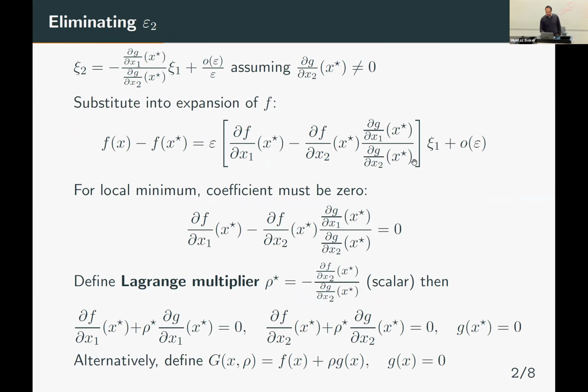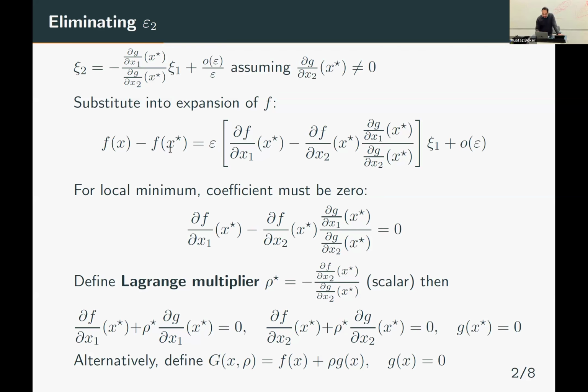Okay, so we have that, and then take c1 as a common factor from this term and the other term. Now here's the point. We are assuming that x star is a local minimum.